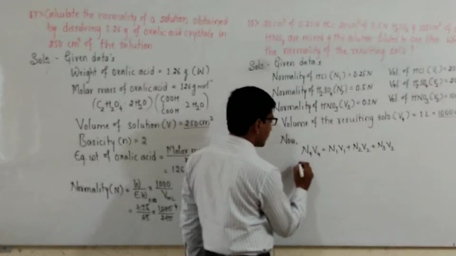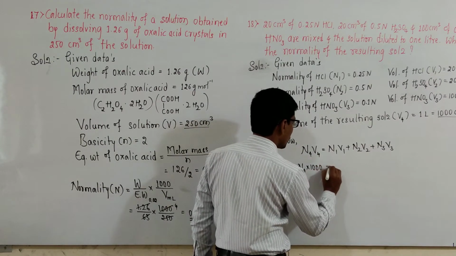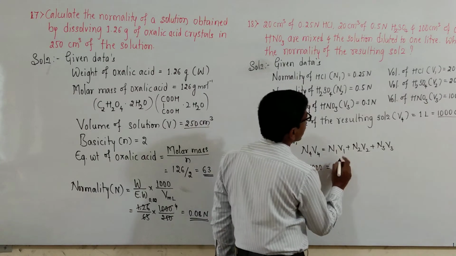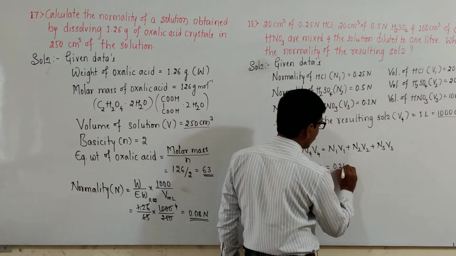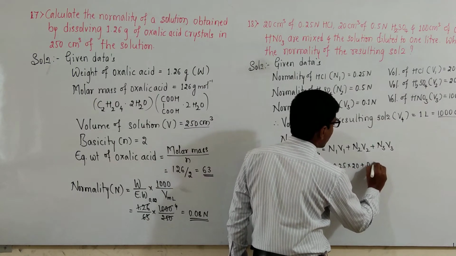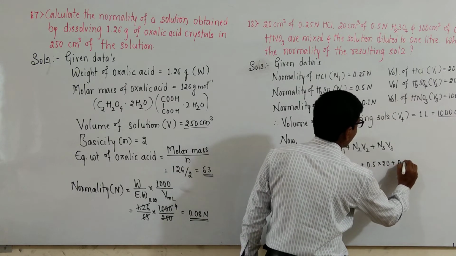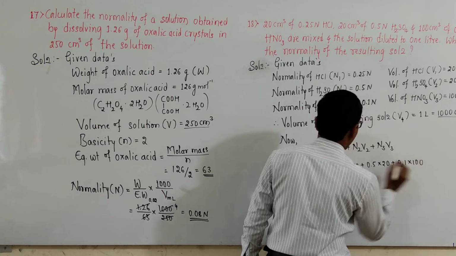The products of normality and volumes are added. Here the volume is given, so N4 into 1000 cm cube is equal to 0.25 into 20 plus 0.5 into 20 plus 0.1 into 100.